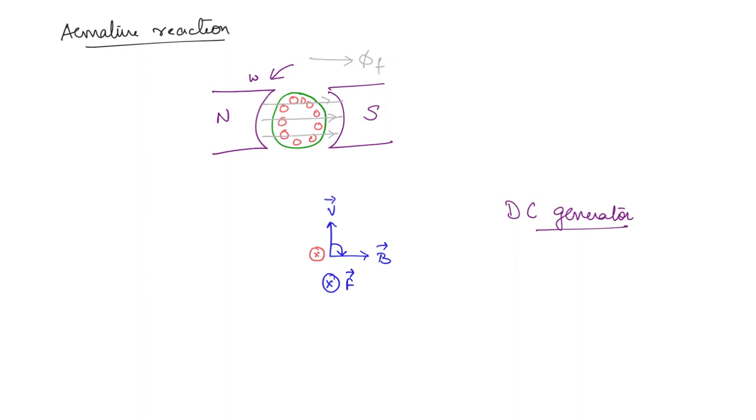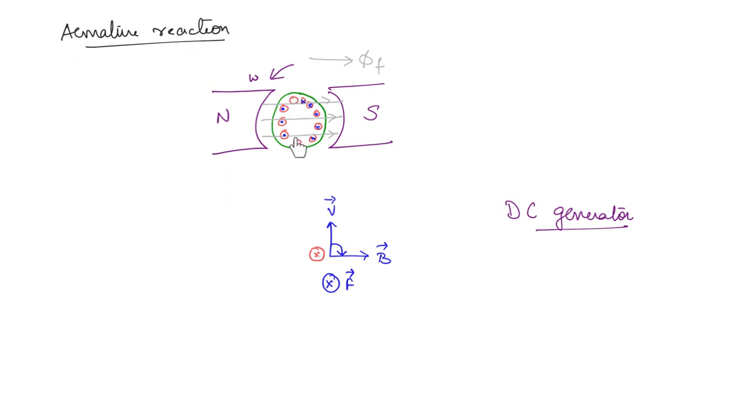So all of the conductors under the south pole are going to experience current going into the plane. In a similar manner, if you do the analysis, all of the conductors under the north pole will have a current coming out of the plane, okay.